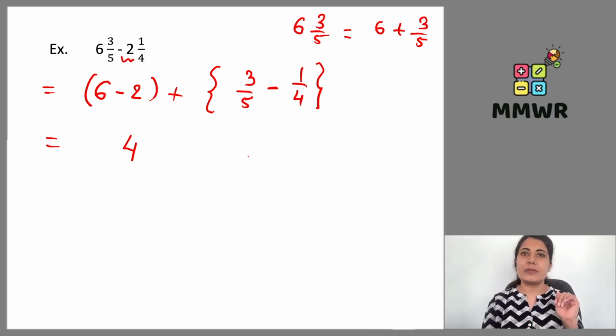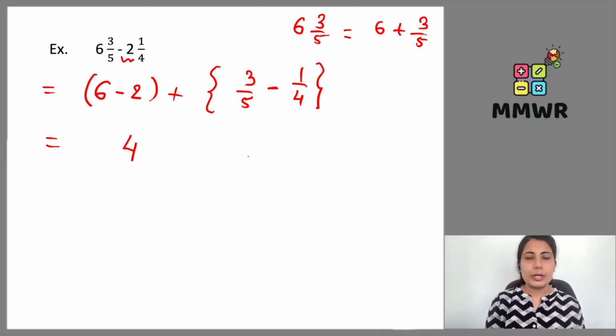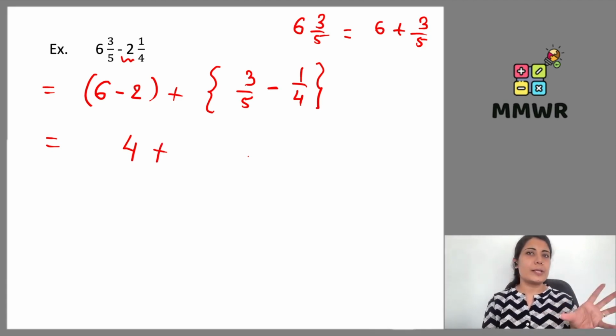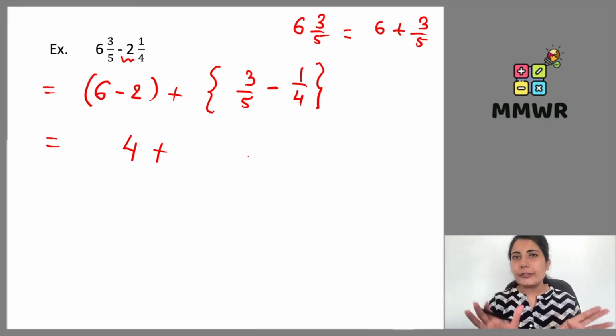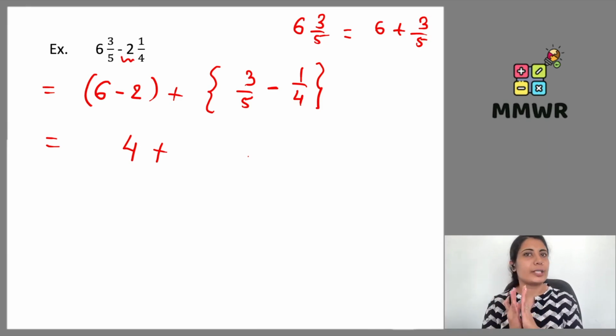If you simplify, 6 fives are 30 plus 3, so 6 and 3 by 5 gives you 33 by 5, and 6 plus 3 by 5 also gives you 33 upon 5. So 6 minus 2 gives me 4, and for that purpose we took this plus sign in between, just to have a difference between the whole part and the fractional part, so that whatever we get from the bracket of the fractional part, we will have it along with its plus sign. Okay.